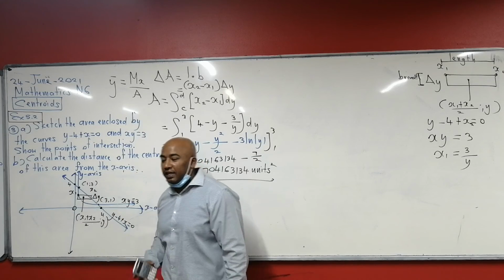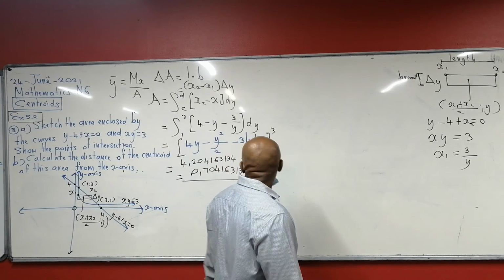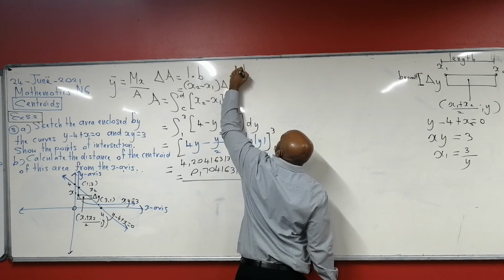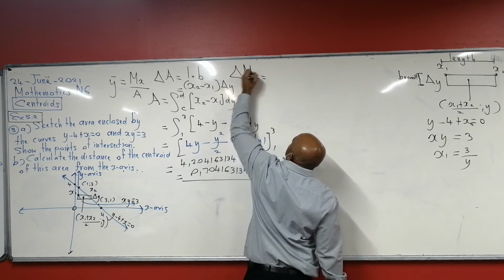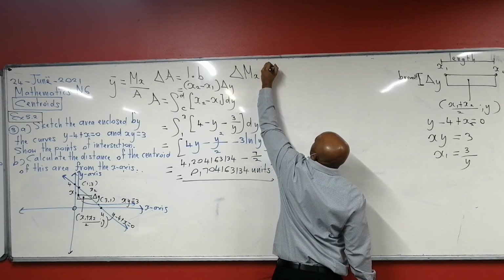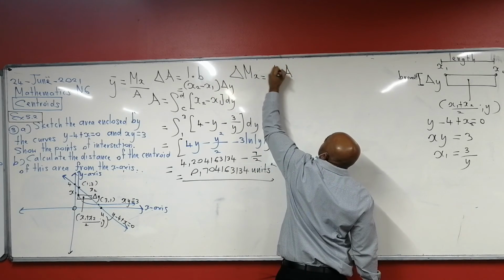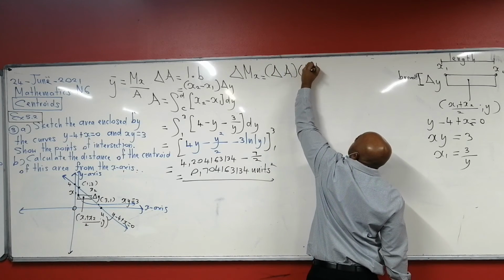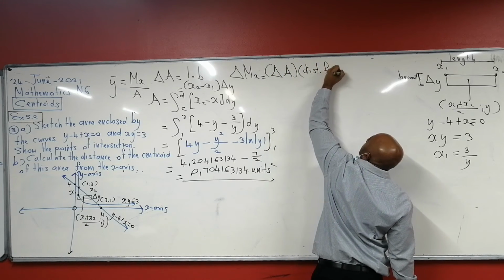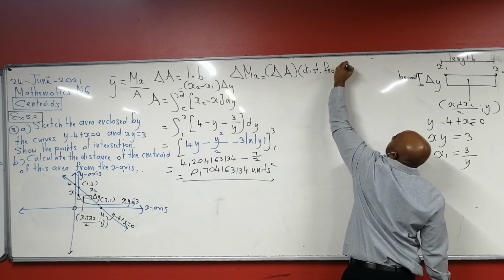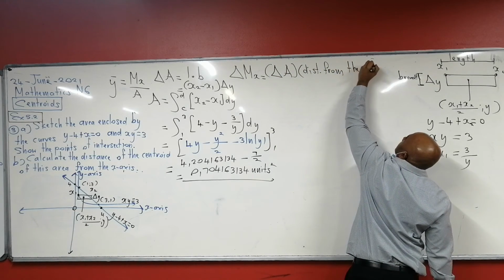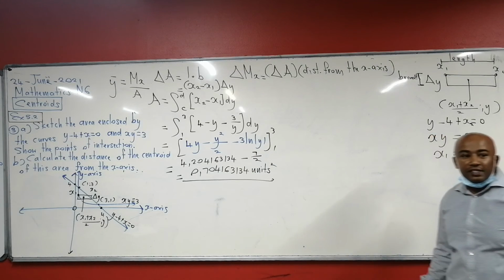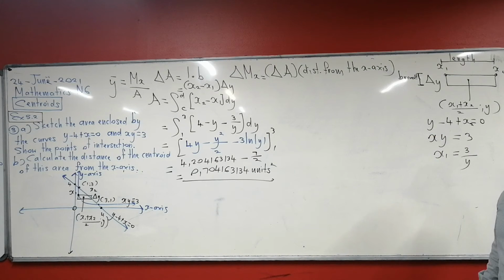Now let's work out Mx, moments about the x-axis. So we know the formula is area times distance of the centroid from the x-axis.